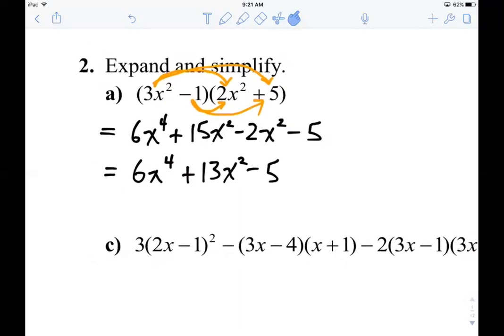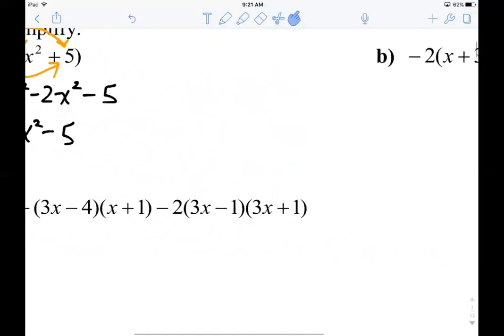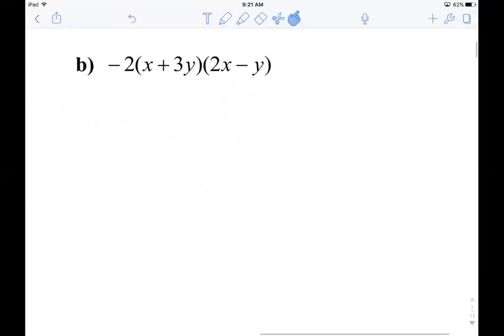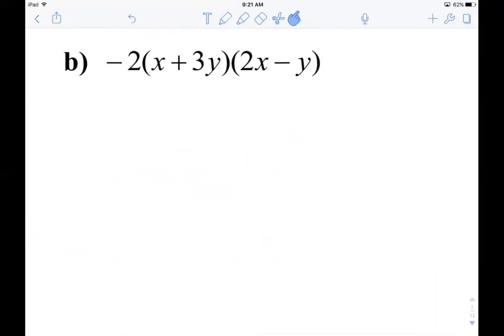Let's see a slightly tougher example now. We'll build up these skills. So now we've got an added wrinkle thrown in. We definitely have a binomial multiplied by another binomial, but then we also have this additional term out in front of the whole thing that we need to multiply it by. Well, the key with these is to think of this whole thing as if it's got its own extra set of square brackets.